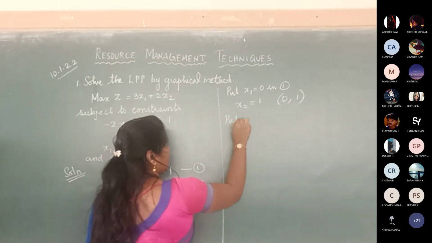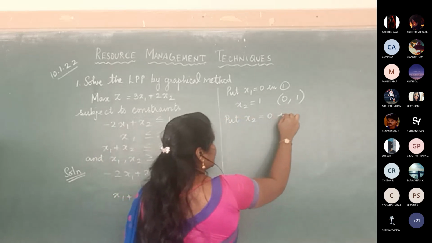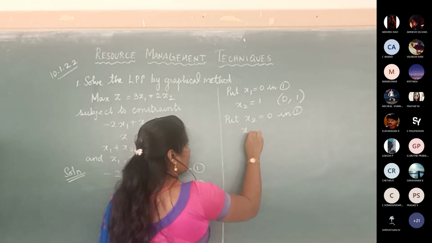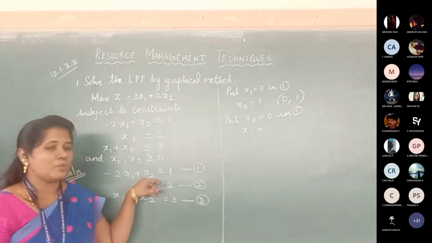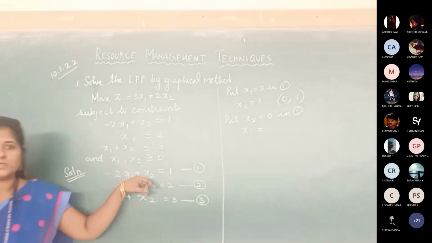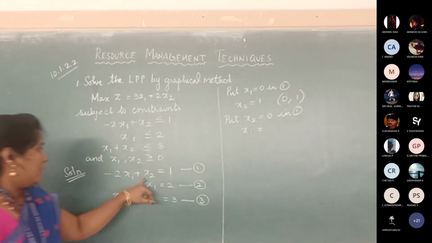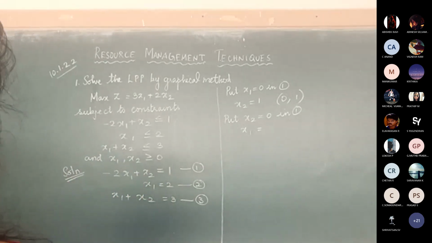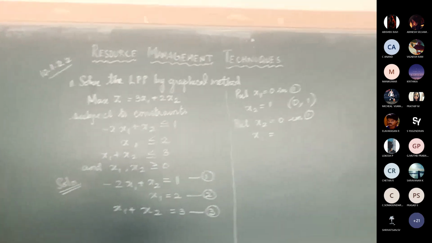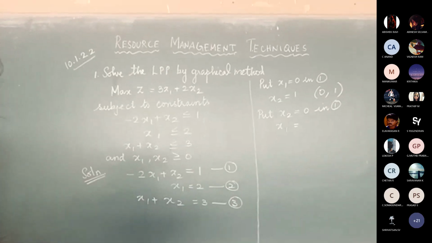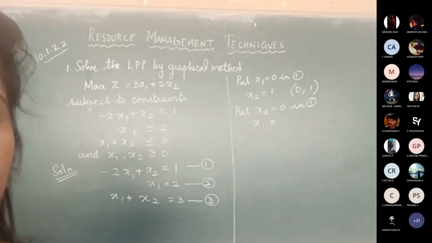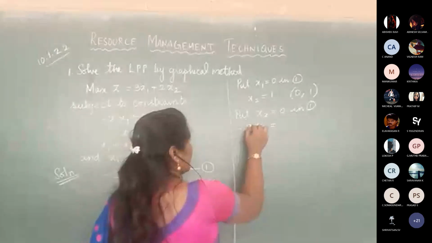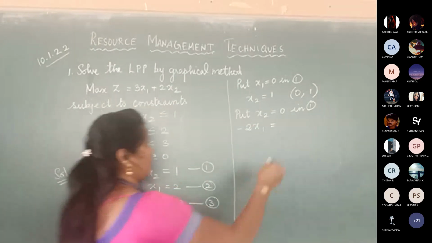Then in the same equation, we put x2 is equal to 0. So when you put x2 is equal to 0, what will become your x1? You will have minus 2x1 is equal to 1.